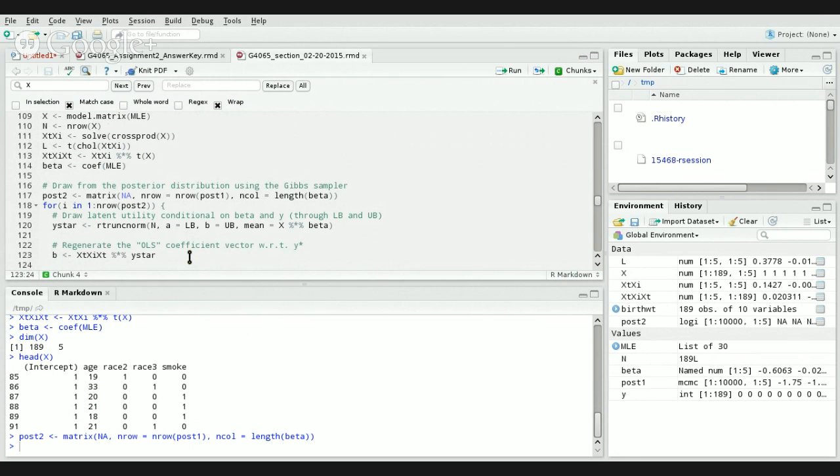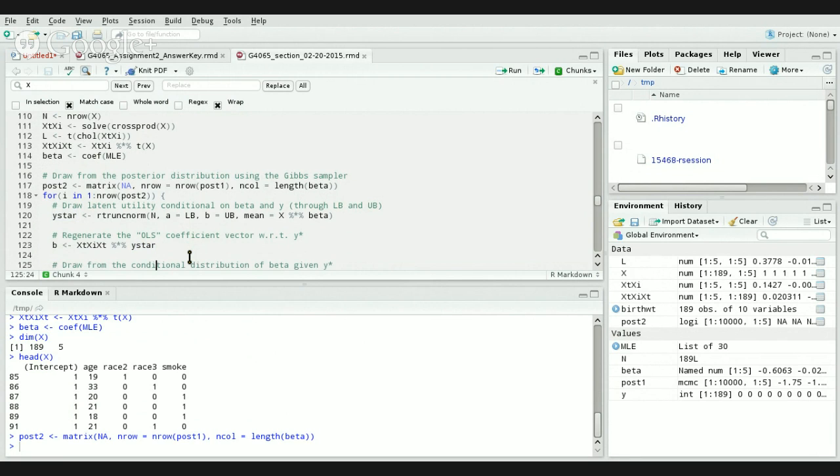Then we need to not rely on the OLS estimates calculated once, but rather we need an updated mean vector. So this is just x transpose x inverse x transpose, now multiplied by y star rather than y, as we would in the case where we had an observed continuous outcome.